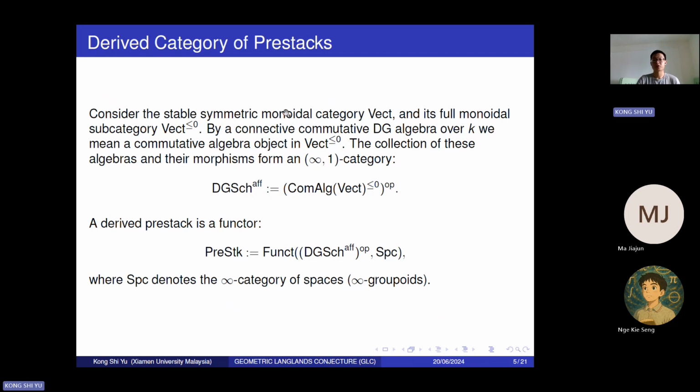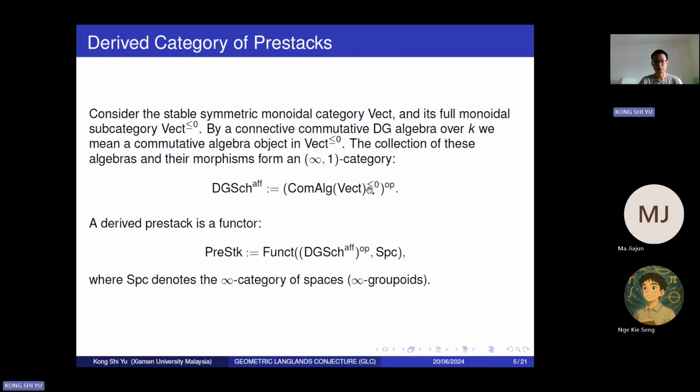This is the t-structure, if you recall. By a connective commutative DG algebra over k, we mean a commutative algebra object in Vect less than or equal to 0. Connective here means that the object lives on the less than or equal to 0 side in the sense of our usual t-structure. The collection of these algebras and the multiplication form an infinity category, defined as follows.